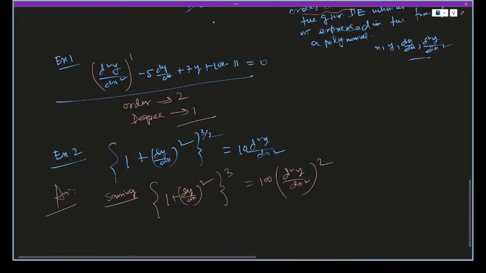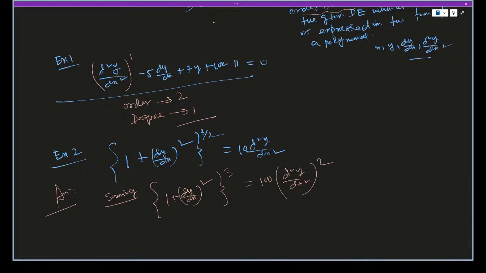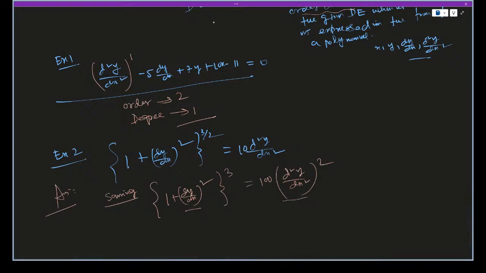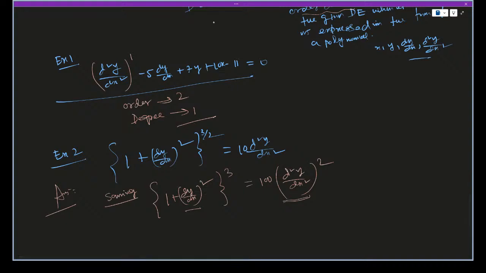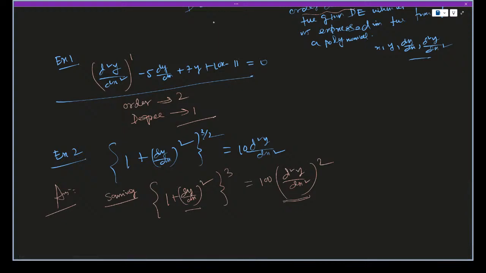Now, if you expand this, then you get the polynomial. But the order will remain that of d square y by dx square on the right hand side. Whatever is the index on the left, we don't care. We'll take care of the index of this highest order derivative. By expanding the left hand side, you will never get a term like d square y by dx square. So you focus on it.